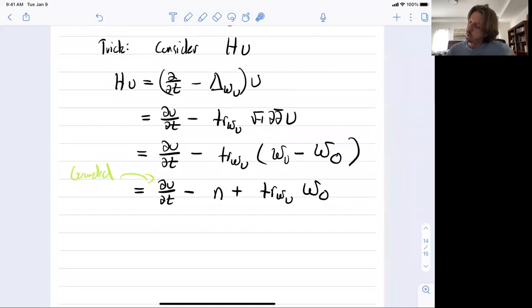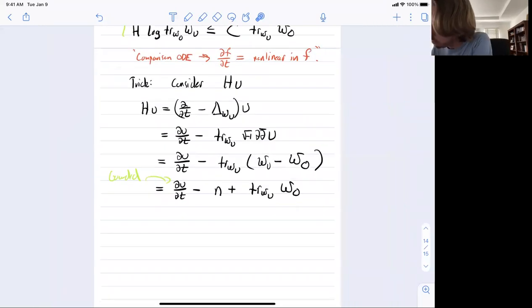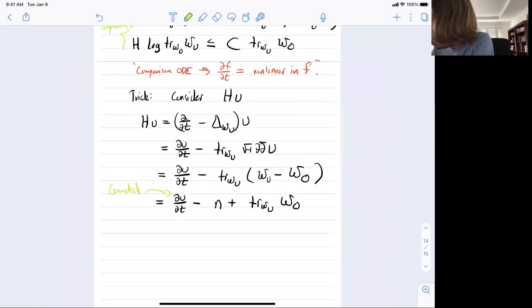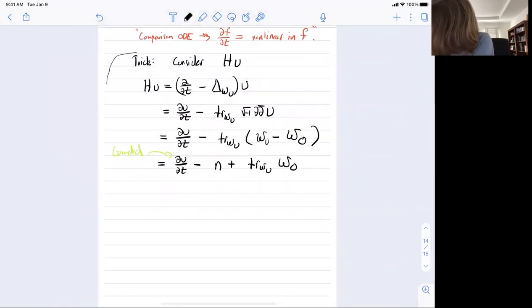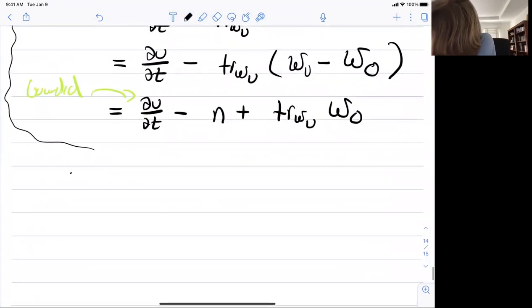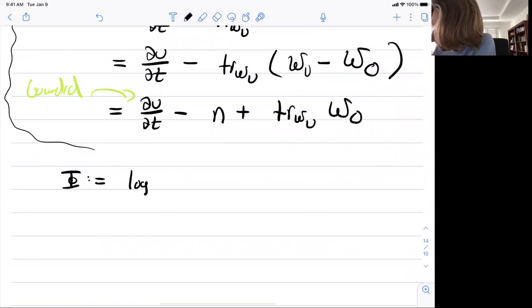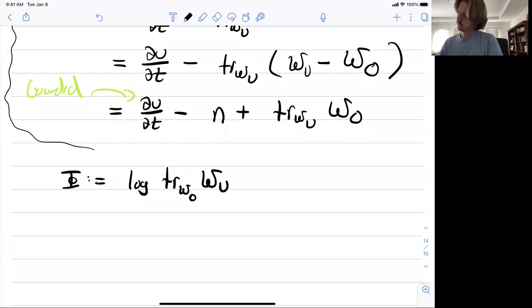Okay, so that per se is not exactly the trick. So that's the key observation, and then the actual estimate. Let me just sort of box this off somehow. So we consider some new quantity phi, which is log trace omega naught omega u minus some big constant a times u itself.